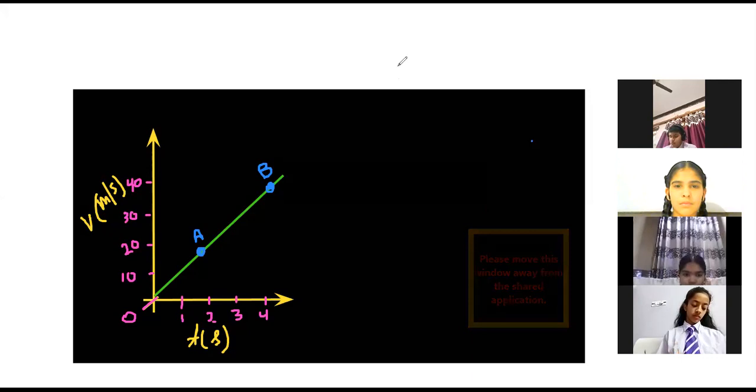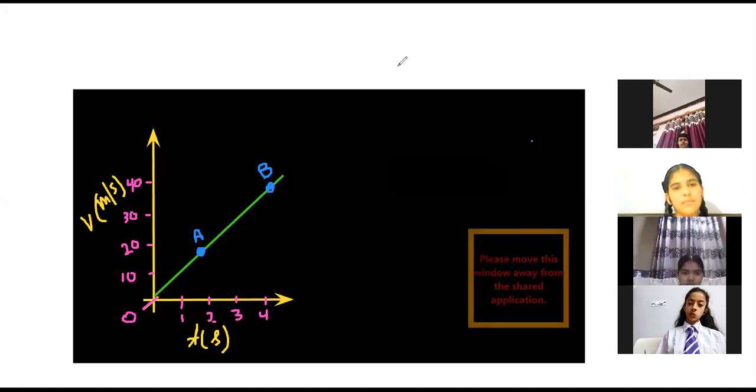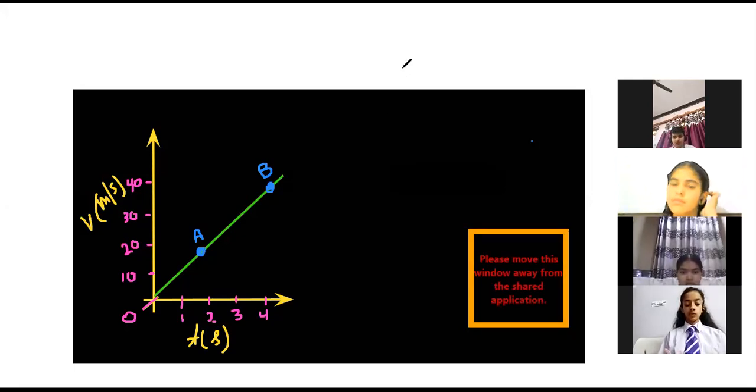Okay, children, your eyes onto the screen. The first thing for displacement is you have to extend it onto the time axis.